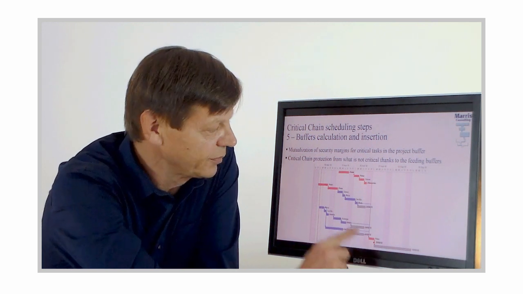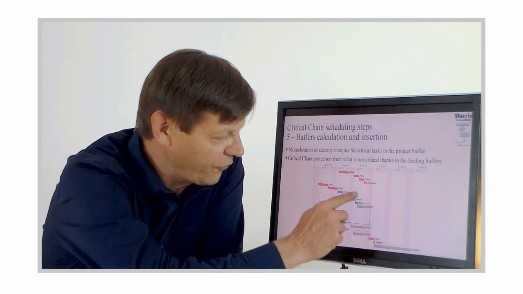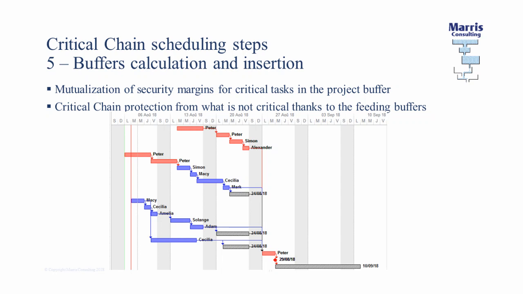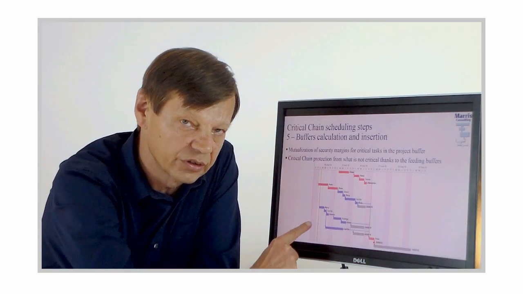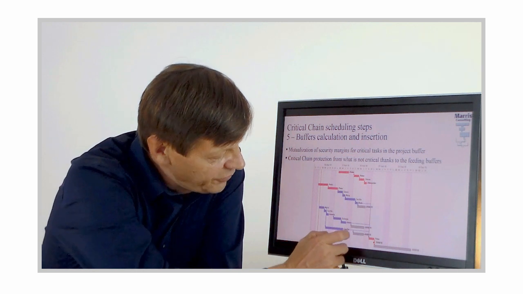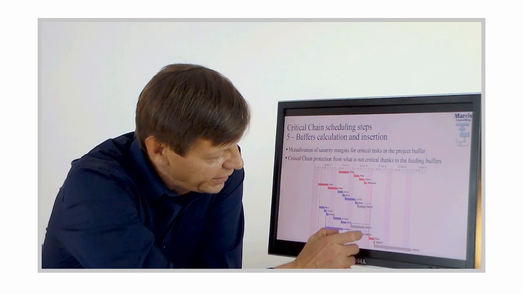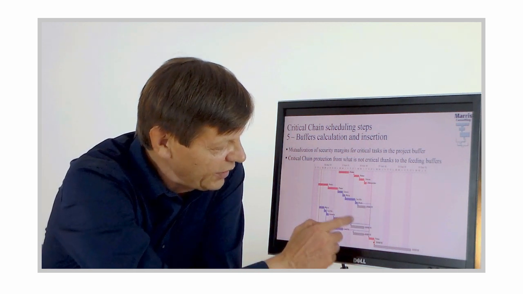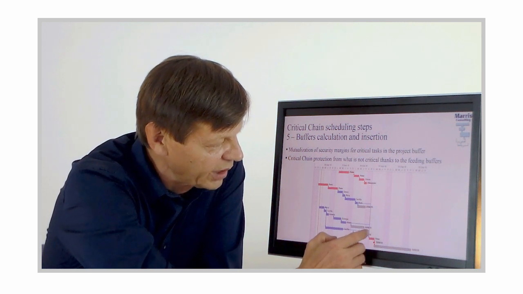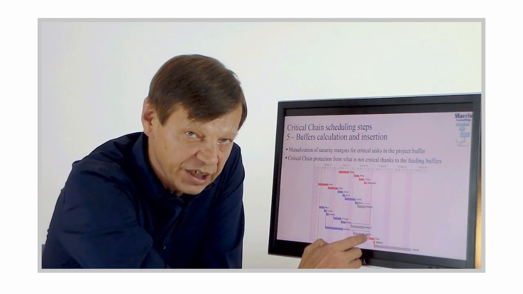But it's not the only buffer. We have feeding buffers here. What are those feeding buffers for? These feeding buffers are designed to ensure that the non-critical stays non-critical. Because if we put this stuff right at the end here as late as possible, if they had a problem, they would become late and they would stop the critical chain.